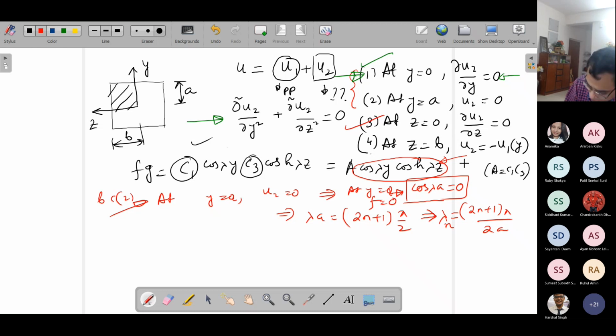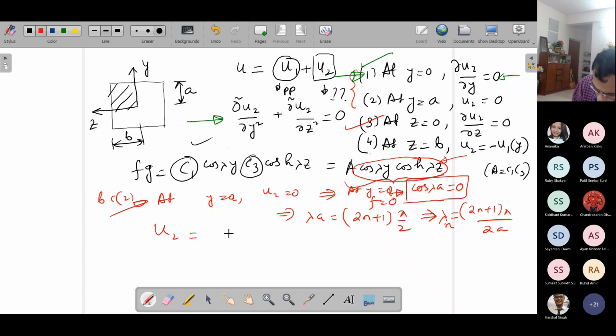Now, because f into g is of this form, for each lambda, this type of form is a solution. And because there are n such values of lambda, a collection of those added together or linearly superposed together is also a solution.